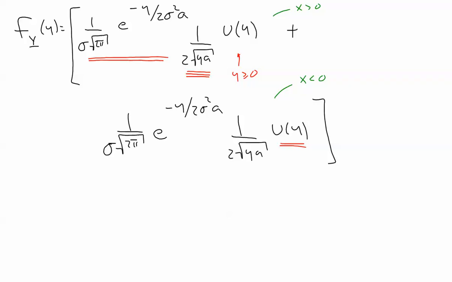Due to the squaring in the exponential and due to the symmetry of the zero mean Gaussian and the symmetry of the transformation function itself, the transformations over each of the two monotonic regions, the increasing region and the decreasing region, they end up being identical. I still add them up. Okay? And we can simplify this a bit. I can pull out the common stuff.